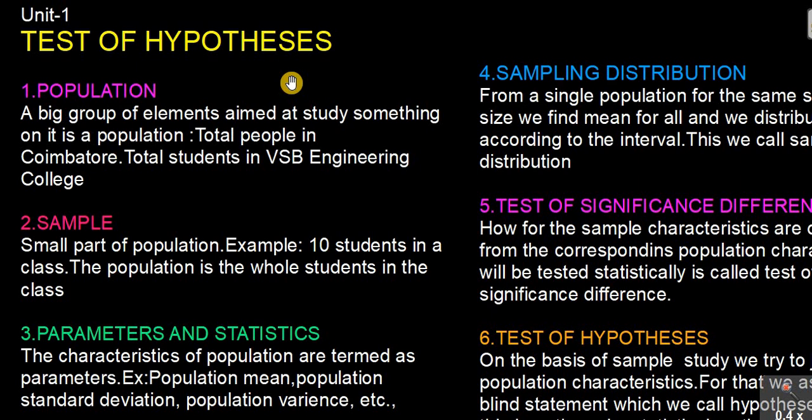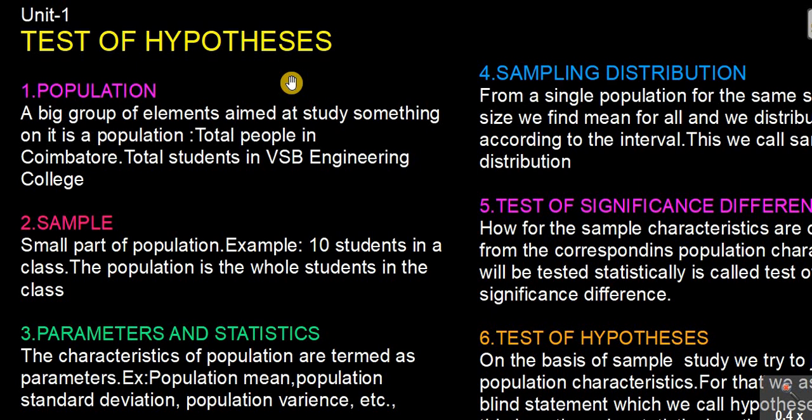So test of hypothesis includes formulation of hypothesis, and then finding out the test statistic, then the critical value, that is the theoretical value, we have to find out.